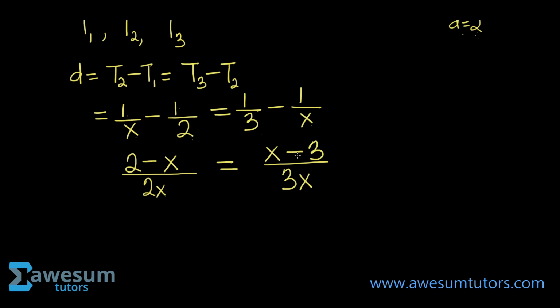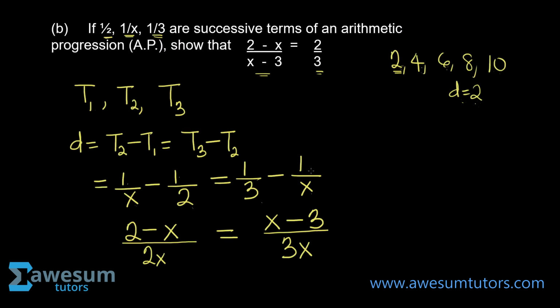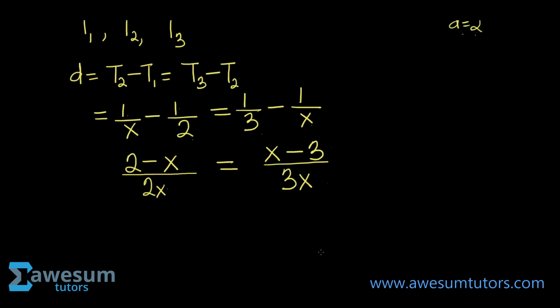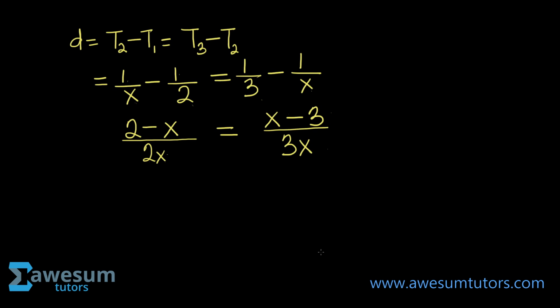Very good. If you go back to what you have been asked to show, it says 2 minus x. Right here, we already got 2 minus x. Over x minus 3, we already got x minus 3 here. So the next thing we need to work on is to bring x minus 3 down right here. And then you have 2 over 3. So I need 2 over 3 right here. Because I know where I'm going, all I have to do is bring x minus 3 down.